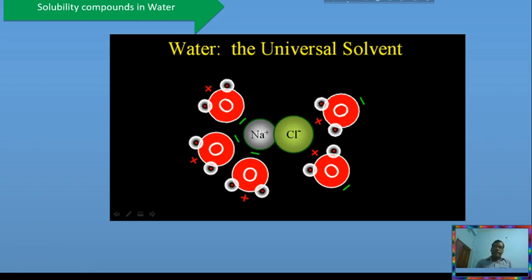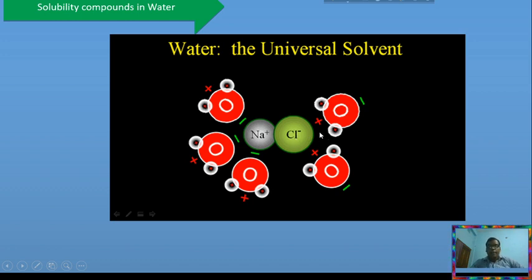When we add this sodium chloride to water, the partial negative charge of water attacks the positive charge of the ionic compound, and the partial positive charge of water attacks the negative charge of the ionic compound. Then the sodium comes into the water and the chlorine dissolves in water.